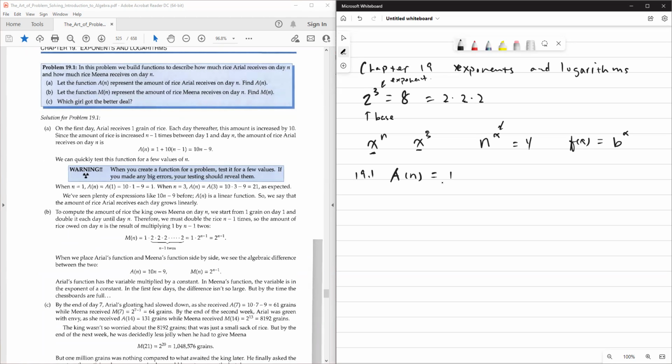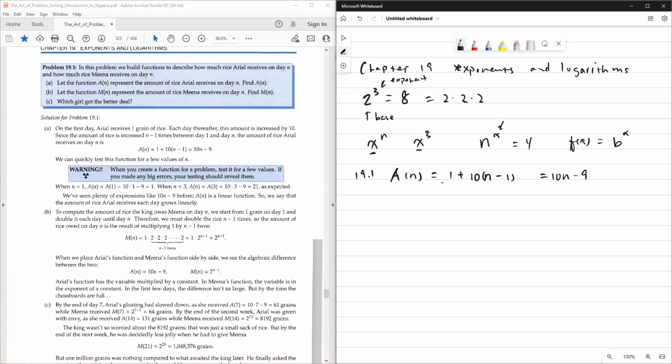The first day is 1, and the nth day is 10 times n minus 1, because the first day is 1 and the second day is only when n started. So this equals 10n minus 9, okay?